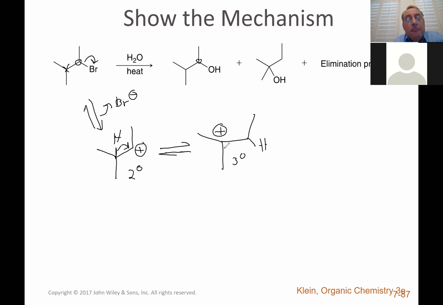And now, how do we account for the products? Well, we have water as a solvent. The water can attack this positive charge. That will generate this.